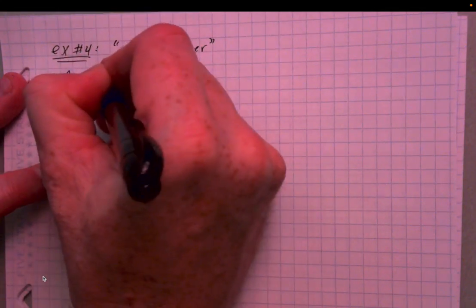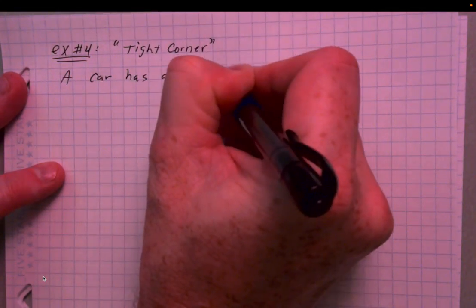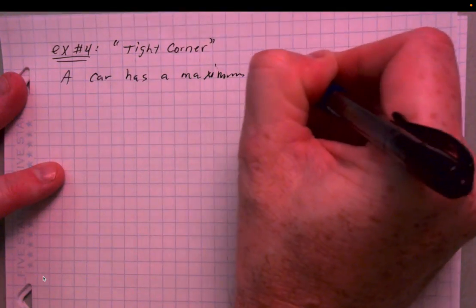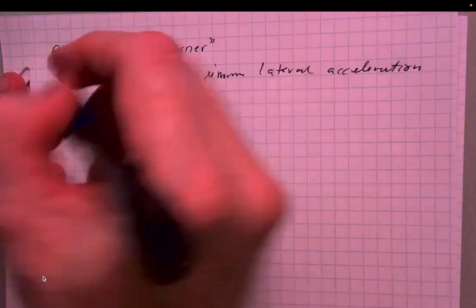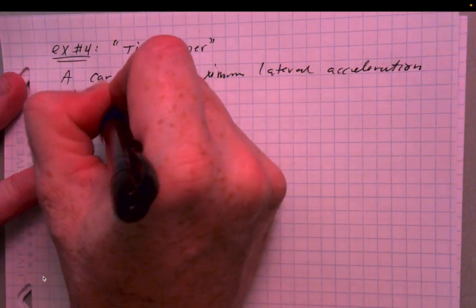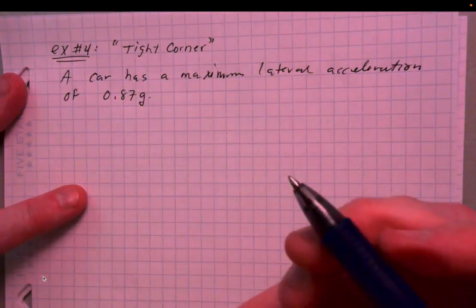So a car has a maximum lateral acceleration of 0.87 g.